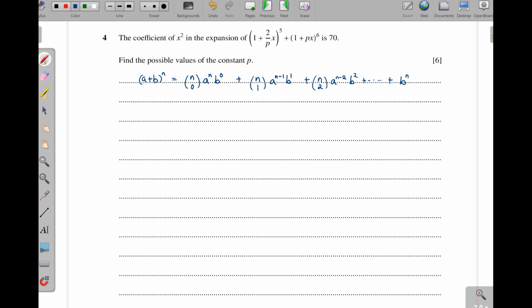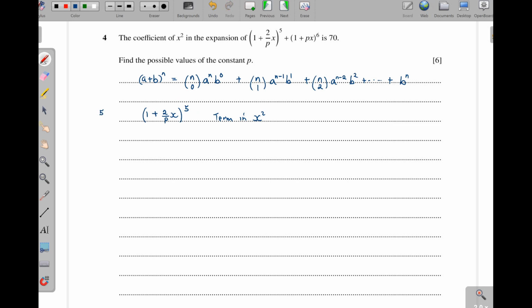Now, if we have 1 plus 2 over p of x, and this is to the power of 5, okay, we want the coefficient of x squared, so we want here the term in x squared. The powers here are going to move like this.